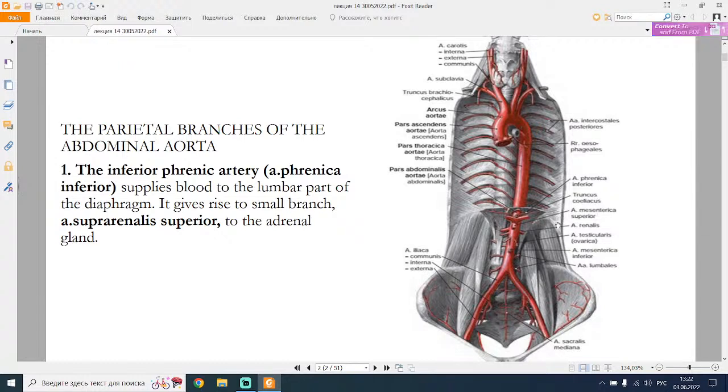It gives rise to a small branch, arteria suprarenalis superior, to the adrenal gland. This is, you see, arteria phrenica inferior.